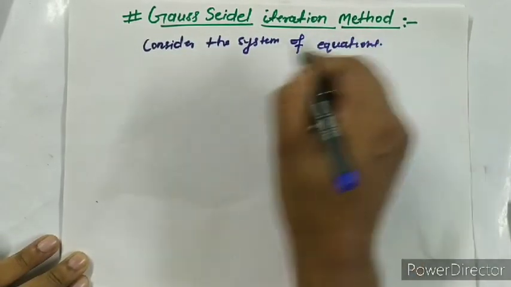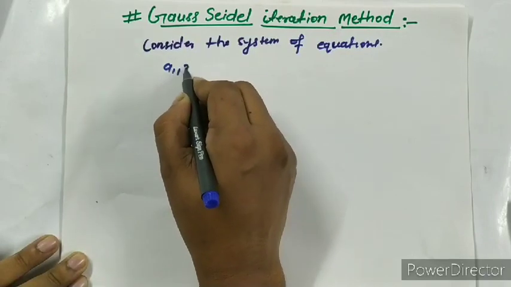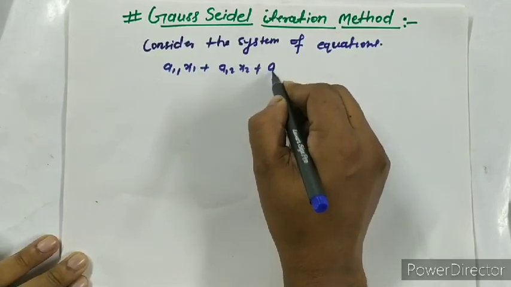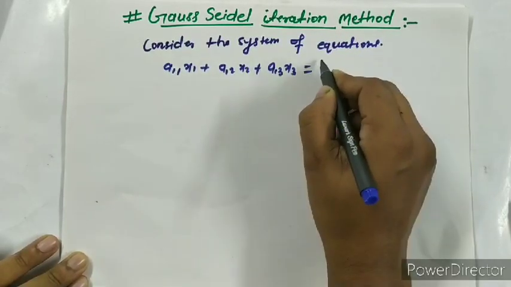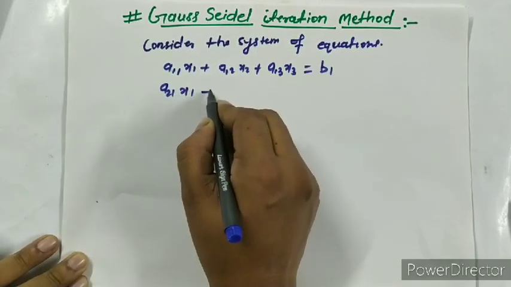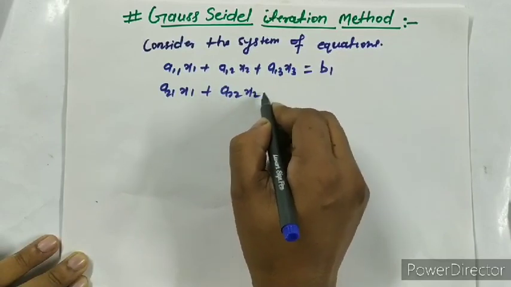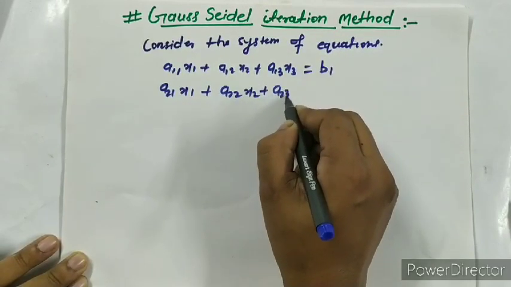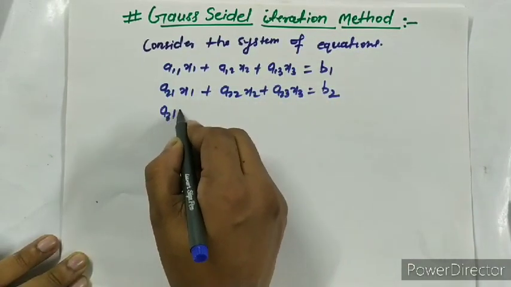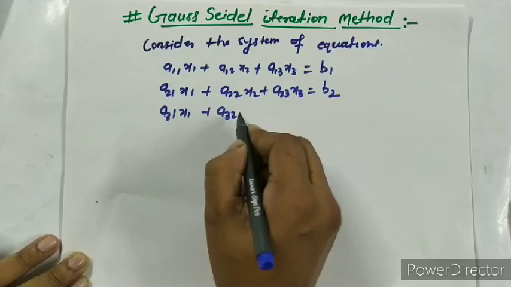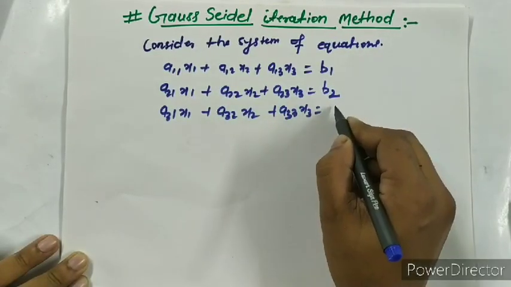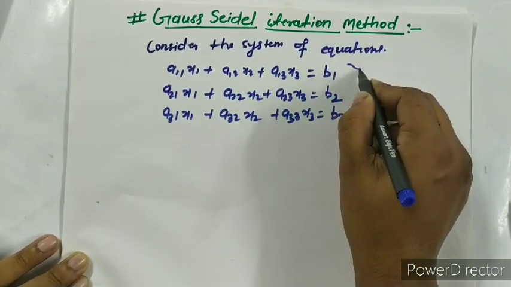System of equations of this type: a11 x1 plus a12 x2 plus a13 x3 is equal to b1, a21 x1 plus a22 x2 plus a23 x3 is equal to b2, a31 x1 plus a32 x2 plus a33 x3 is equal to b3.